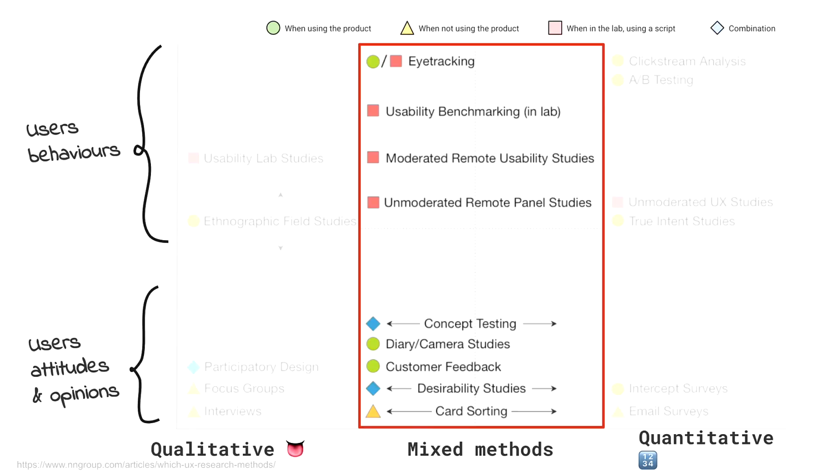In the middle, there are some that fall in the middle, also often called mixed methods. These are methods for which, for example, you could collect data in a qualitative way, like asking users to give you their opinion about something, but they can be quantified into numbers. Then those are quantities that you can analyze using statistics or math.